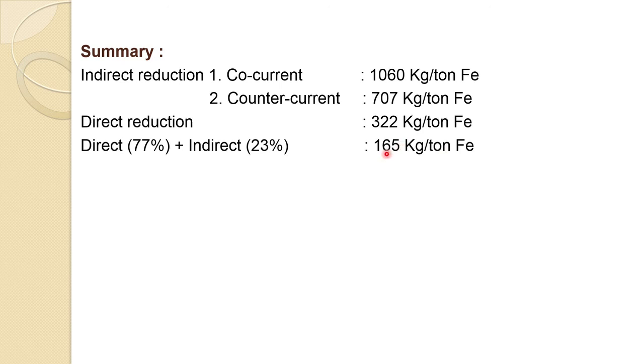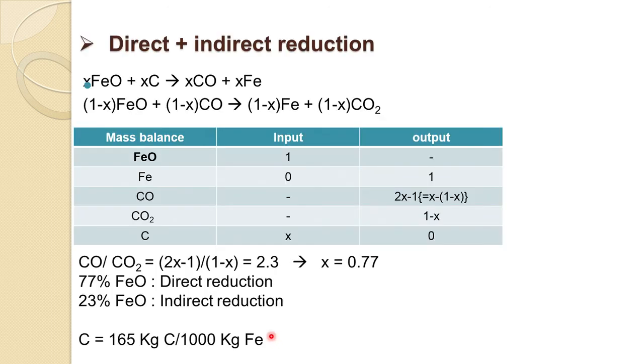We will now see this calculation, how do we arrive at this 165 kg of carbon per ton of iron. So, this is now for the direct plus indirect reduction, combination of both.